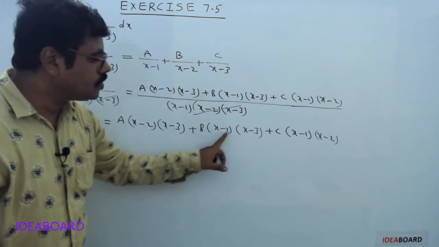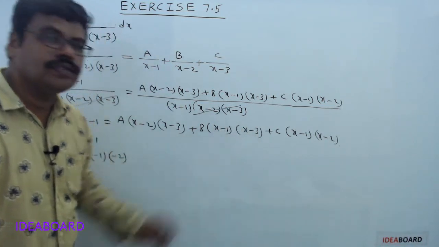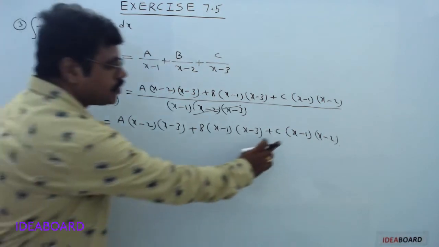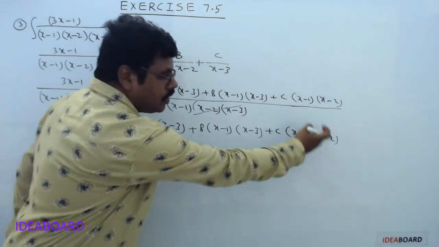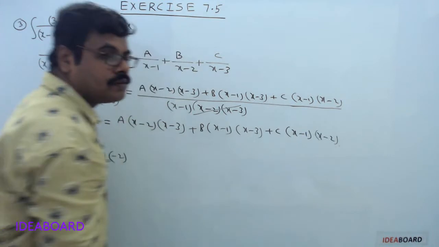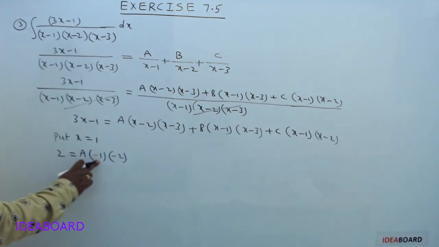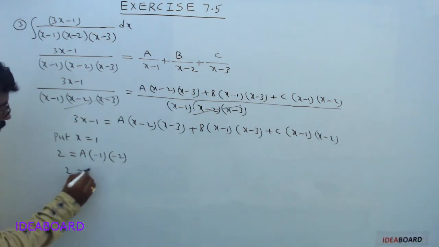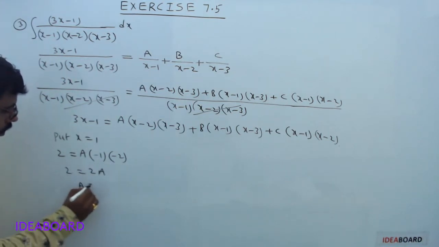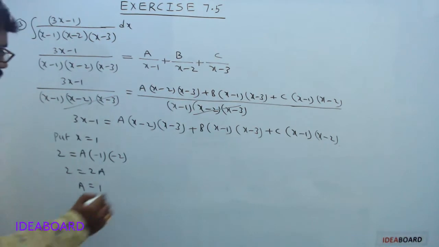So B into 0 into (x minus 3) will be 0. Again, by substituting x equal to 1 here, this entire term will be 0. So 2 equals A into minus 1 into minus 2, 2 equals 2A, therefore A equals 1.